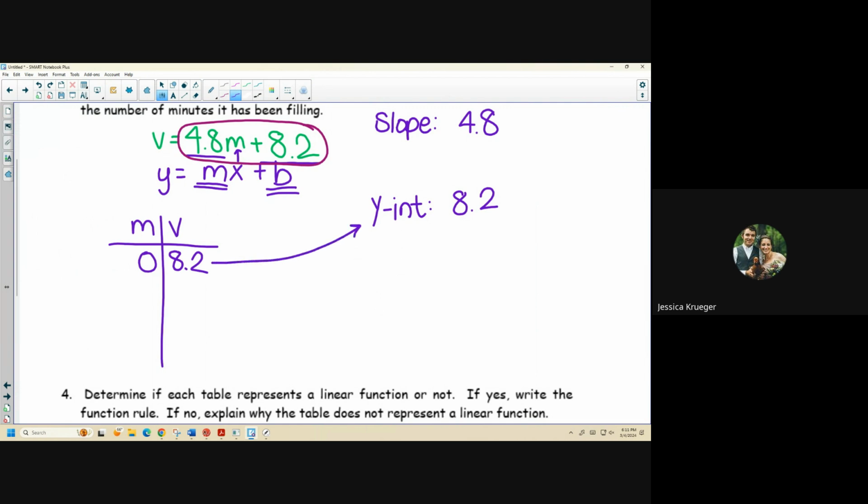So what does that mean? What's the 0 measuring? What is m measuring? Well, m is minutes. V is volume of gas. So what does the y-intercept represent?